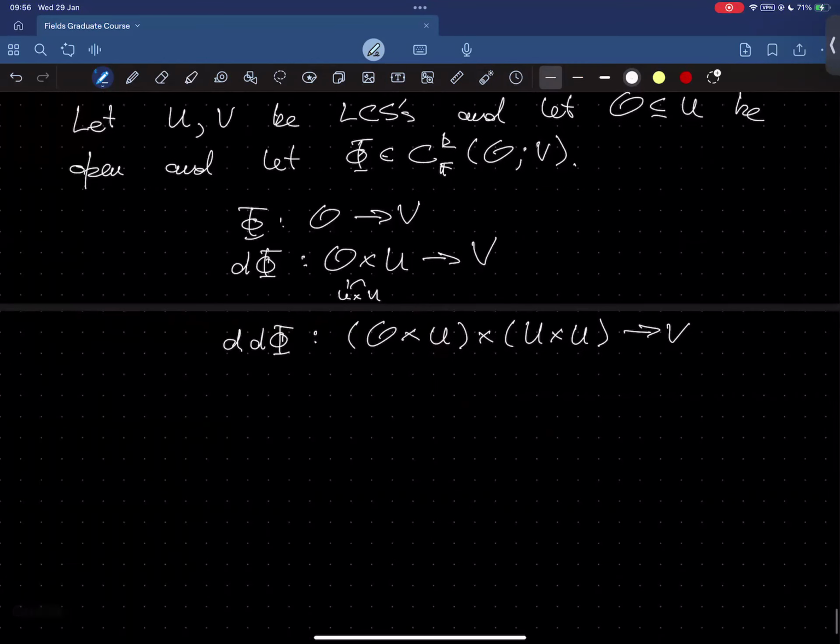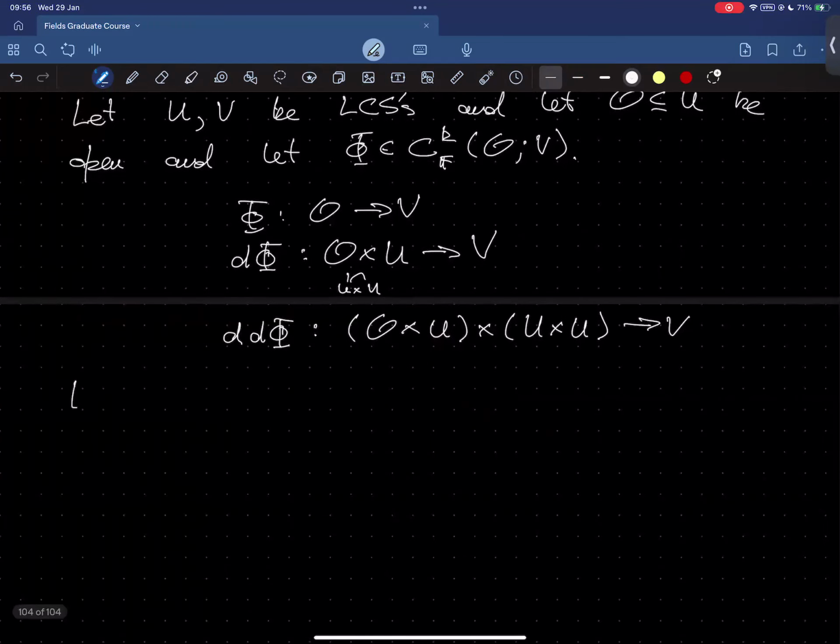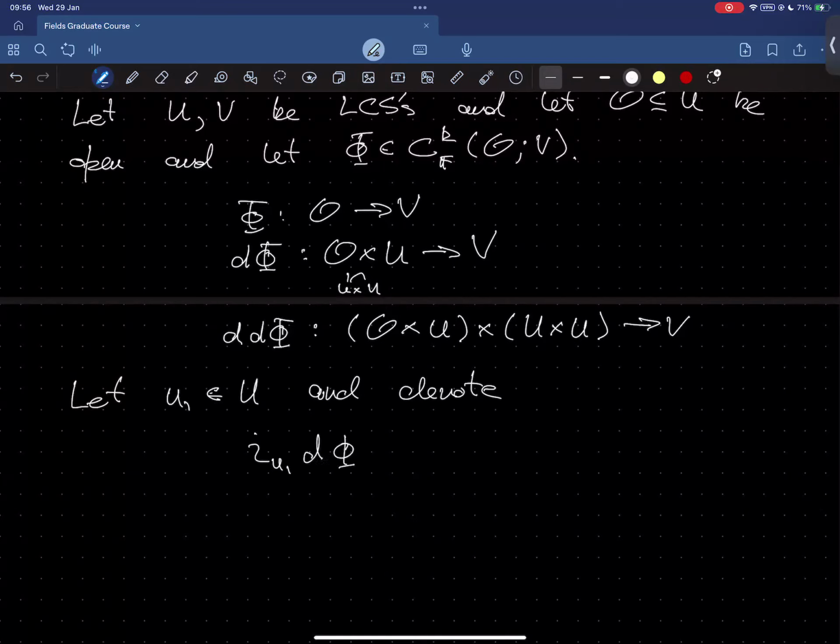So let u1 be in U and denote I_u1 d phi. This now is going to be a mapping from O into V. Here u1 is fixed with respect to this mapping I_u1 d phi.